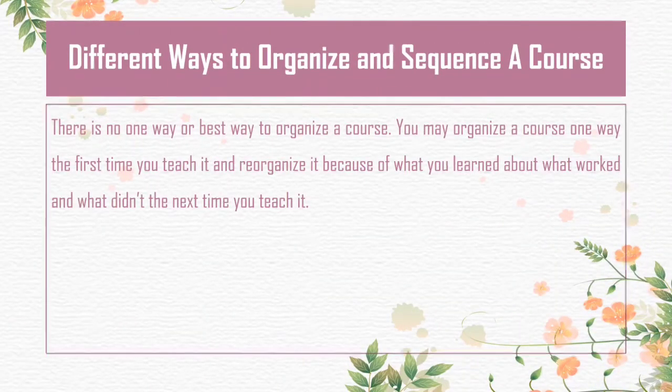Different ways to organize the sequence of a course. Well, there is no one way or best way to organize a course. You may organize a course one way the first time you teach it and reorganize it because of what you learn about what worked and what didn't the next time you teach it.